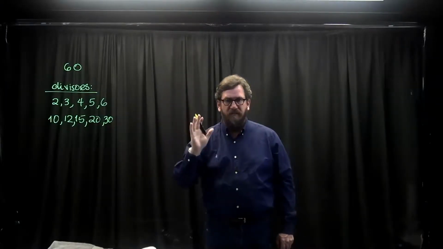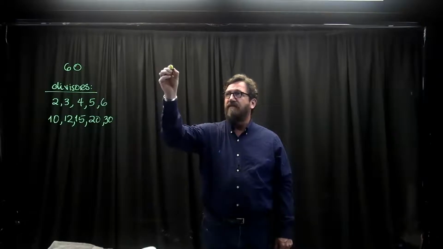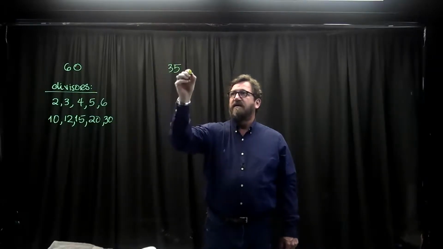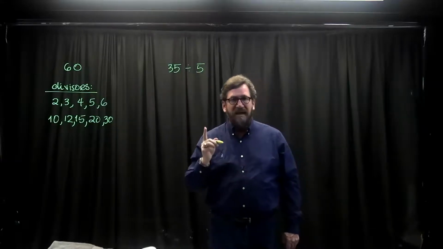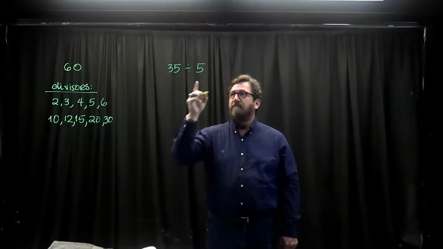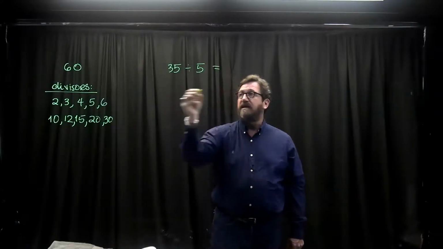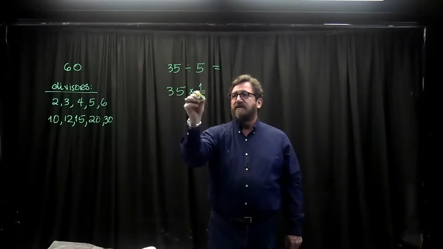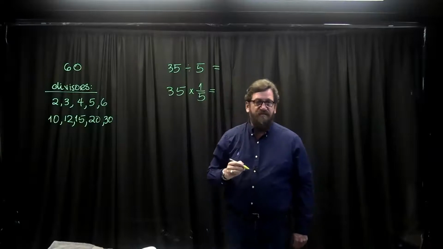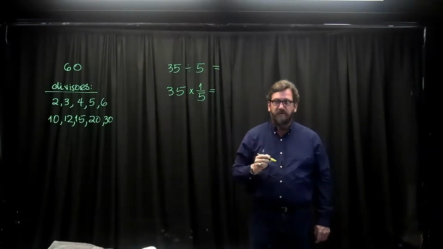Let's go into the benefit of our numeration system, and suppose I want to have 35 divided by 5. I may not know how to do division, but I know the answer to this problem, whatever it may be, would be the same as if I said 35 times 1/5. I can multiply by the reciprocal.